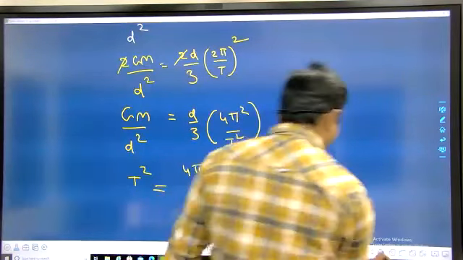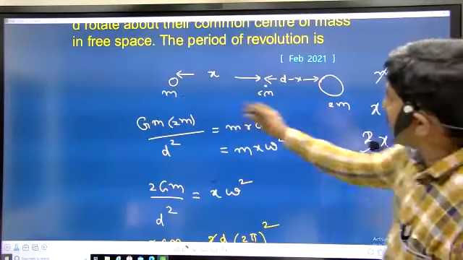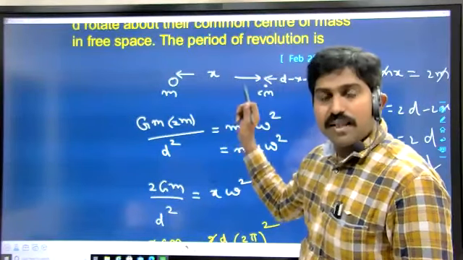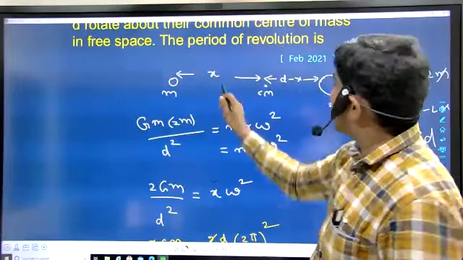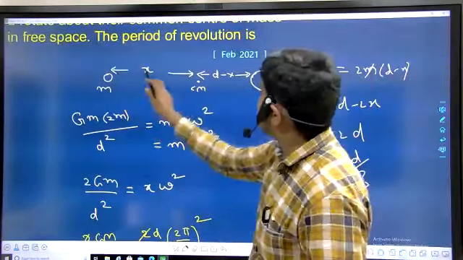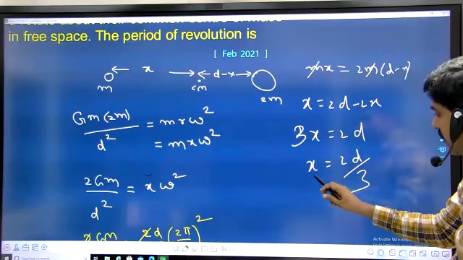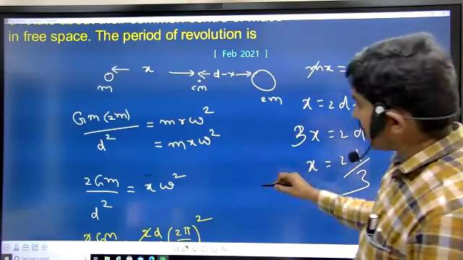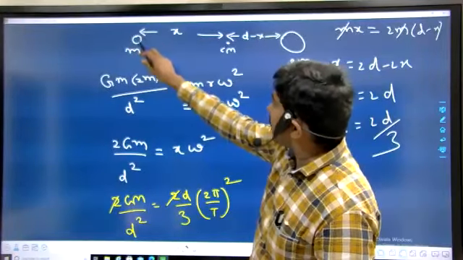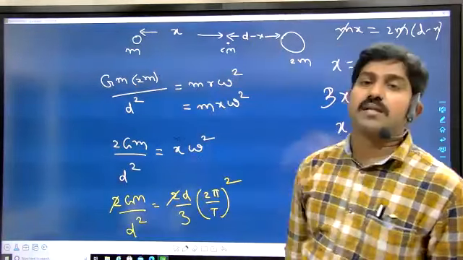Just see the question here. Two different masses are given and they are revolving about their center of mass. That means the moments will be the same only here. So mass into distance here is equal to mass into distance there. From that you can get the equation for x in terms of d. Now the force acting on any particular mass due to the other is the cause for rotational motion.